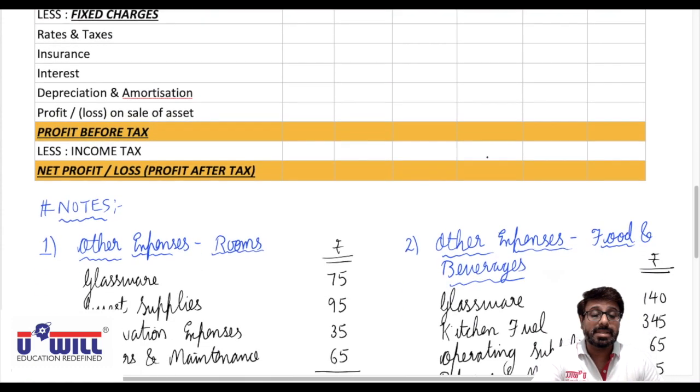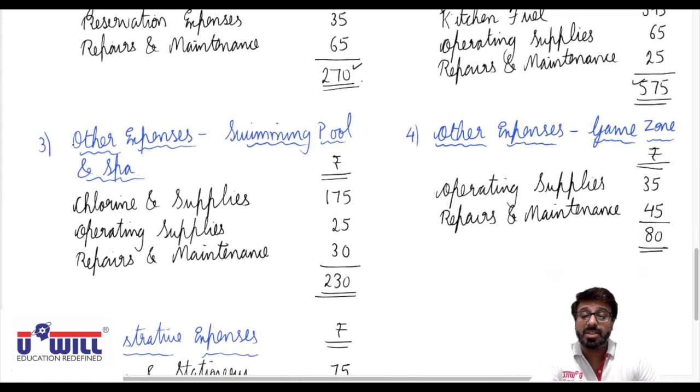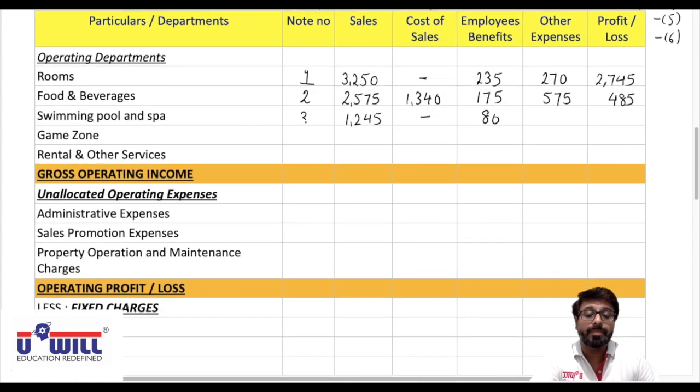Other expenses, see in the notes. What are the other expenses of swimming pool and spa? 230. So note number 3, 230. Now again column 3, 1245, minus 4 we have nothing, minus 5, 80, minus 6, 230. So what is the profit of swimming pool and spa? 935.